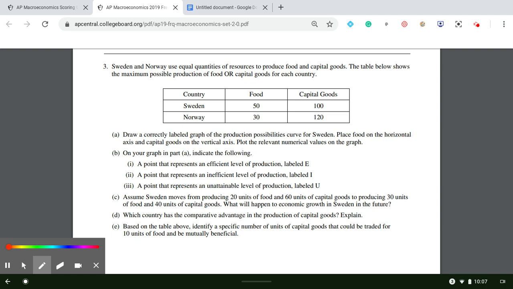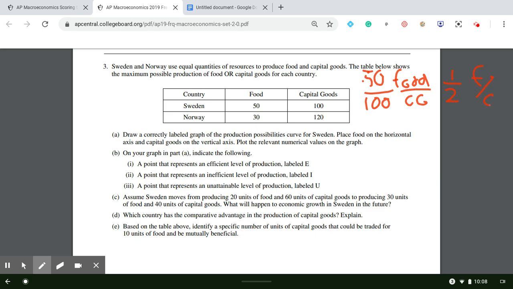Which country has comparative advantage in production of capital goods? Explain. Okay, so we're gonna have to do a little math. It's the country with the lowest opportunity cost. Let me do this opposite. Sweden makes 50 food per 100 capital goods. So they give up half a unit of food for capital.